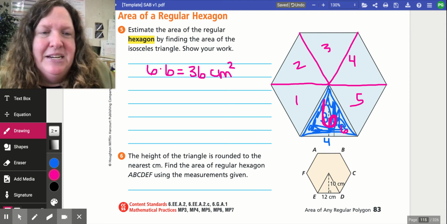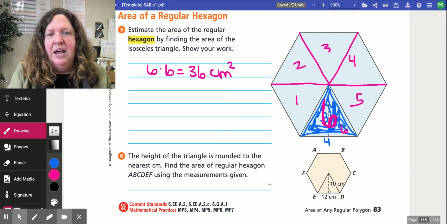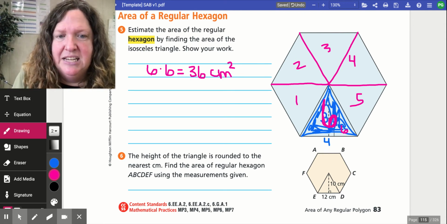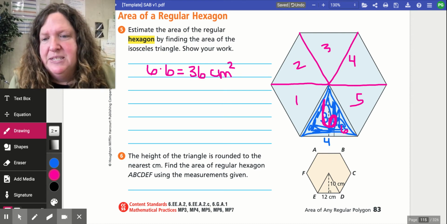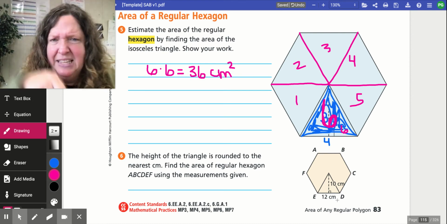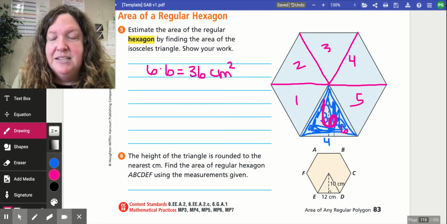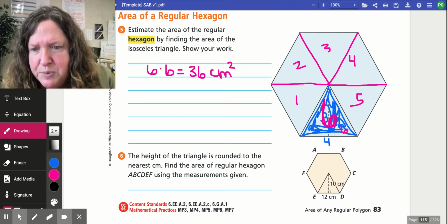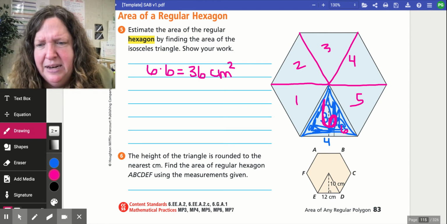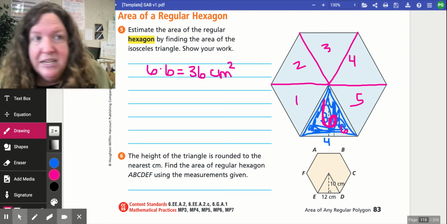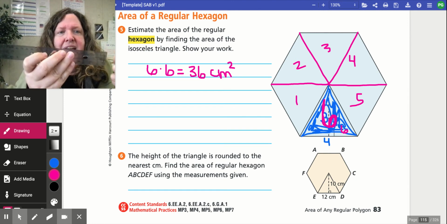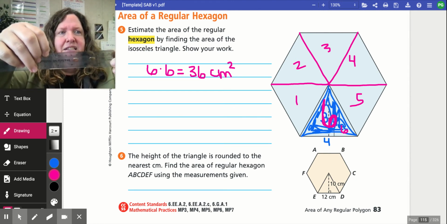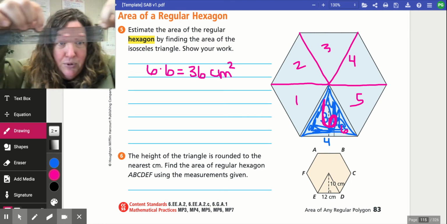All right, let's go on to number 6. The height of the triangle is rounded to the nearest centimeter, and find the measurements. Now, this one you're going to do on your own exactly like we just did number 5, but it's not drawn to scale. Don't let that trick you. That means when you look at it, you might say, wait a minute, that is not 12 centimeters. I just was using my ruler, and my 12 centimeters is this big on my ruler.